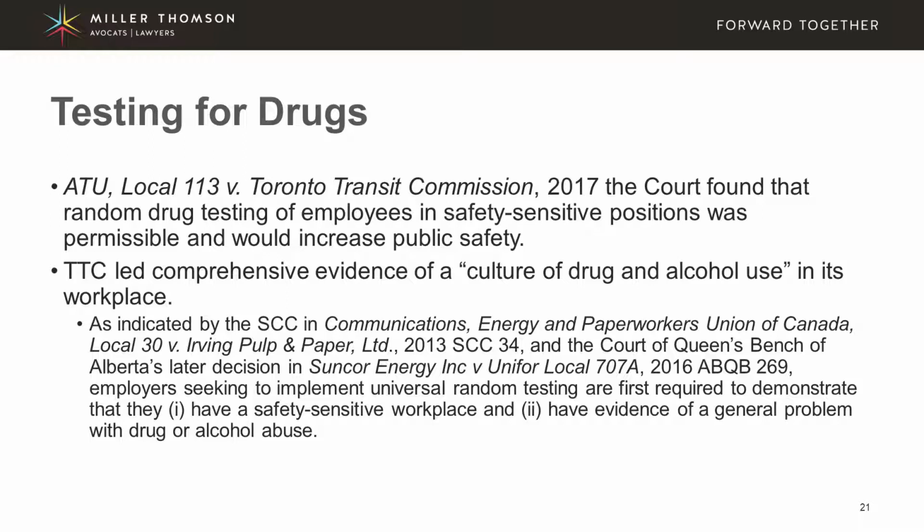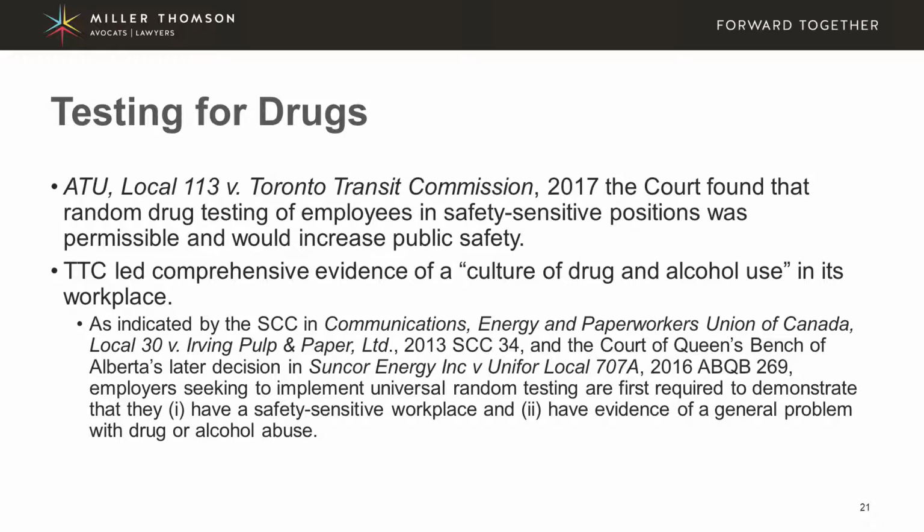And more recently, you're probably all familiar with this from the news. I think it was heavily reported, the Toronto Transit Commission case, a court case, and I should note that there's an underlying arbitration that will deal with the merits of whether or not the drug and alcohol testing can be sustained, and the arbitrator will have the final say on that.